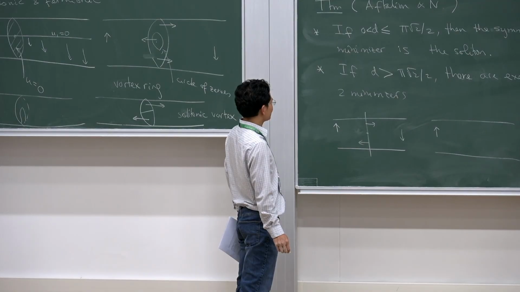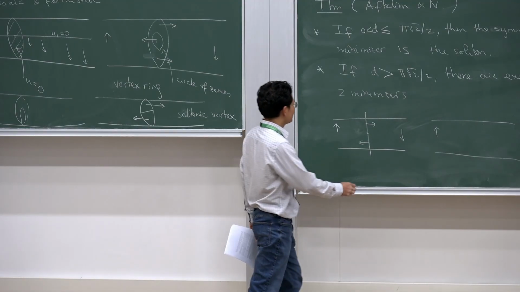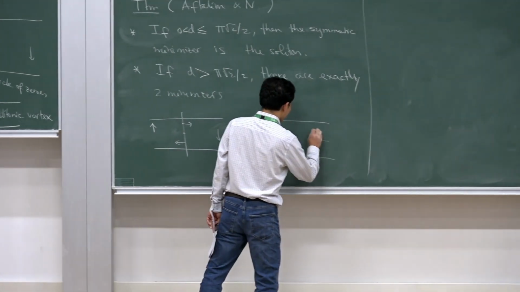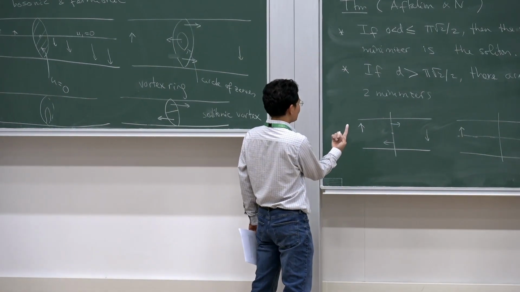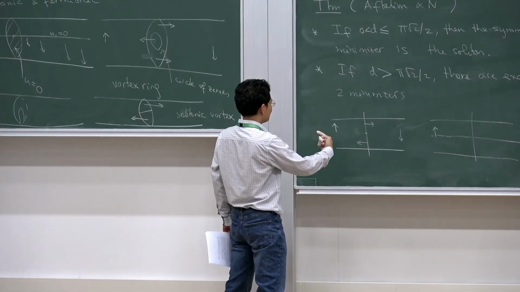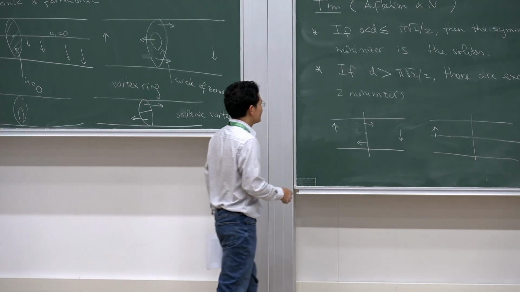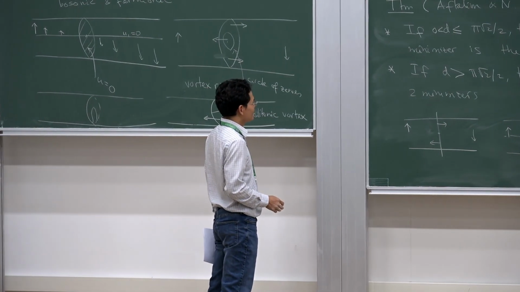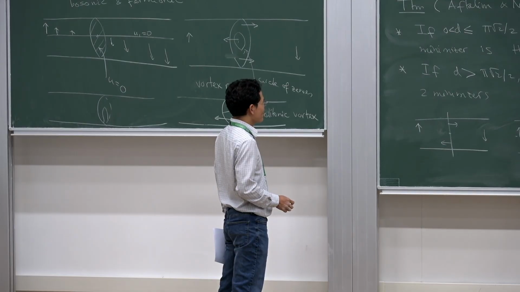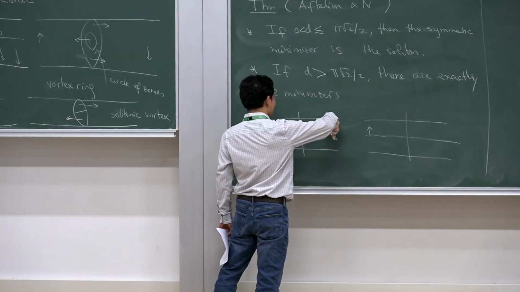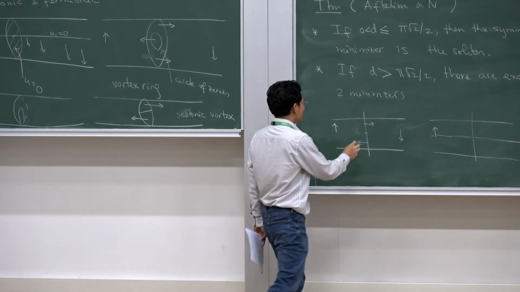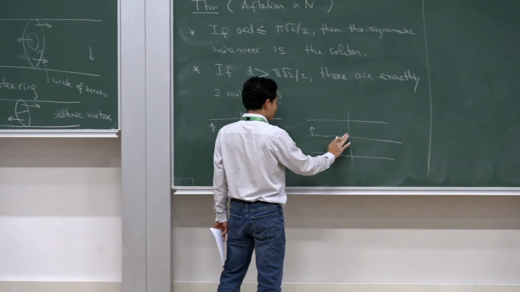Now I'm a bit confused how to draw the other picture. I think one has degree 1 and one has degree -1.